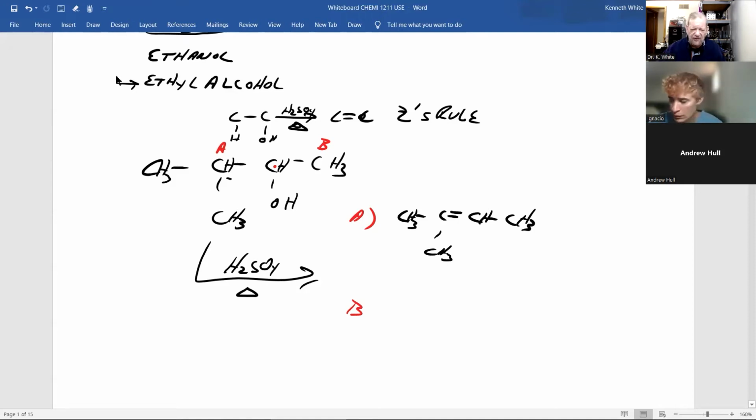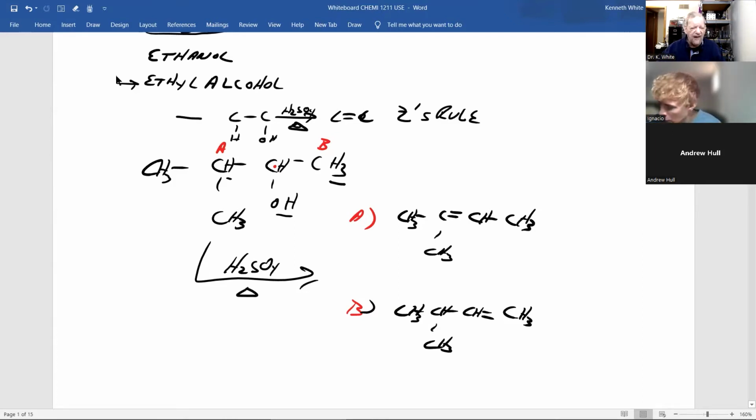If I lose a hydrogen from B and the hydroxyl group, remember, you don't break carbon-carbon single bonds. This is the molecule you get.